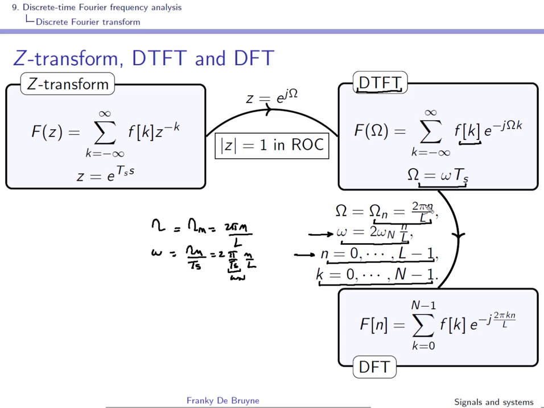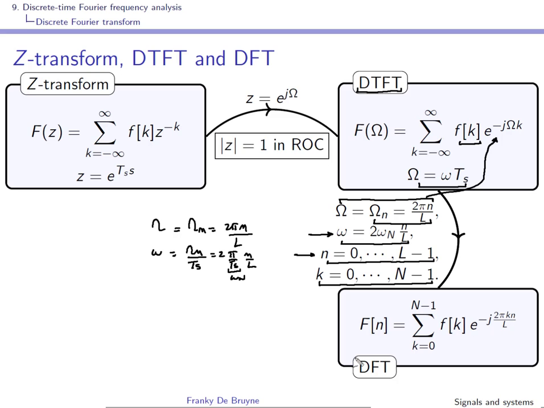And you can see that if you plug this relation into the discrete time Fourier transform, and since we are only considering sequences of N data, the discrete time Fourier transform becomes also discrete in the discrete frequency.